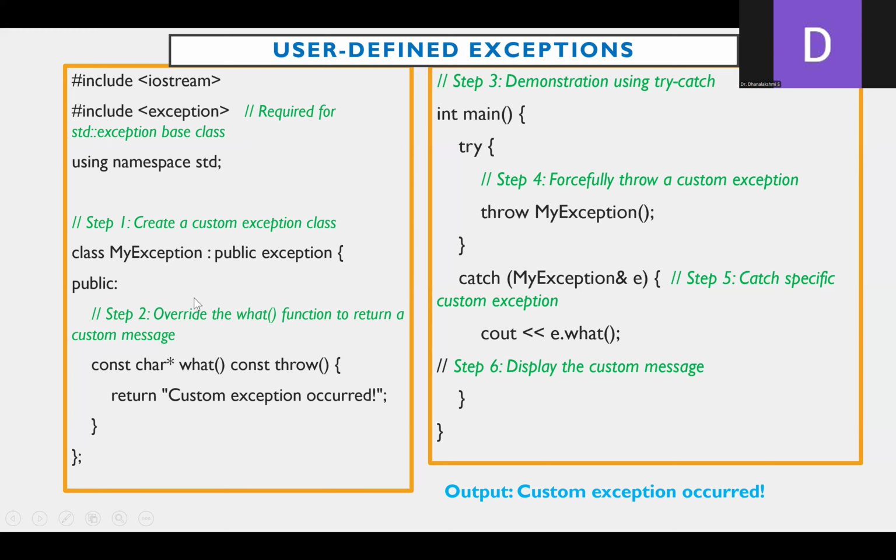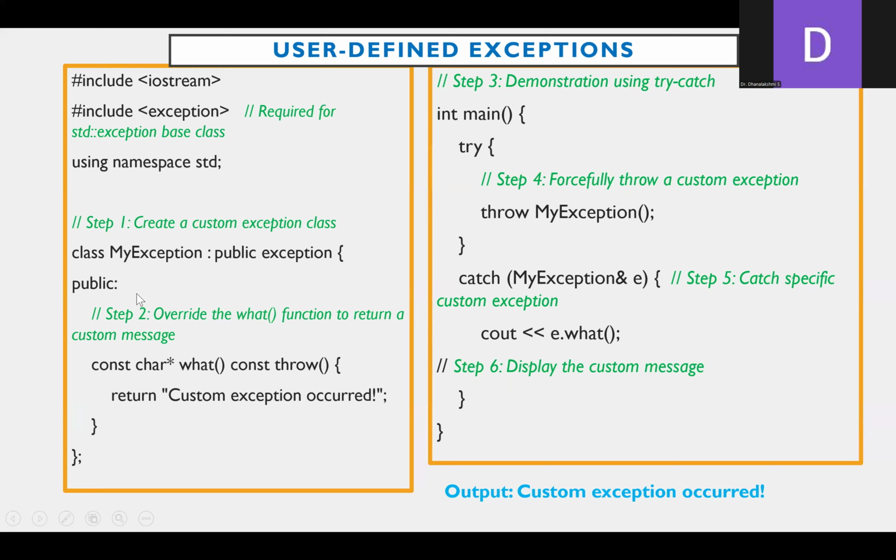By inheriting from it, your custom exceptions can behave like a built-in one and can be caught with either catch (myException& e), catch (myException& e) specific, or catch (std::exception& e) in a very generic form.